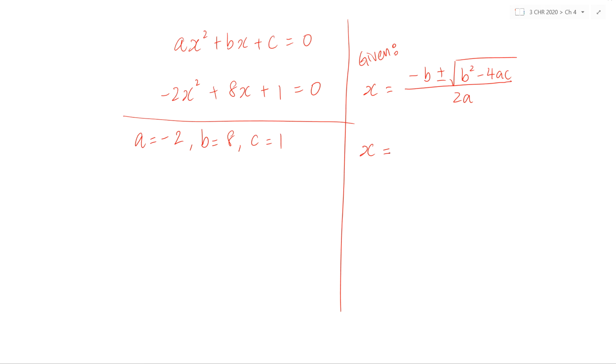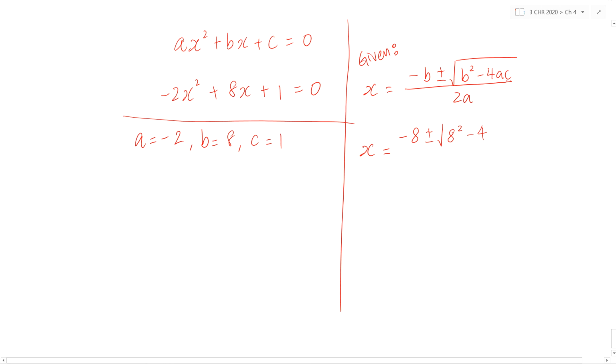The minus sign. Minus something. What am I supposed to minus? 8. Because it says minus b and b is over here, 8. Then I write down plus minus, and I see a square root. What do I square? 8 squared. Then minus, again minus, 4, copy down only.